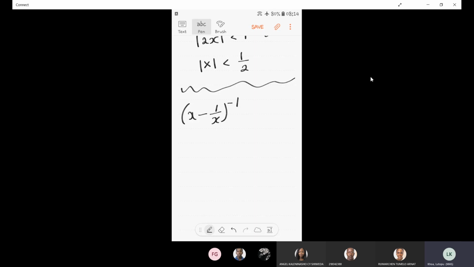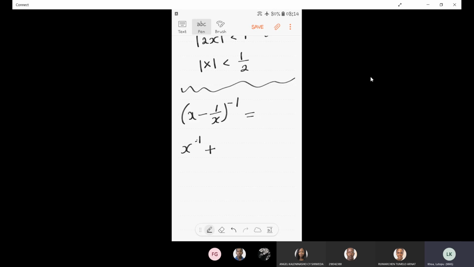Okay, so the procedure is exactly the same. It's a formula that I just have to substitute my values in. So for the first one, I will have x to the power of minus 1. I will divide this by 0 factorial, which is just 1, so I don't even need to write it.